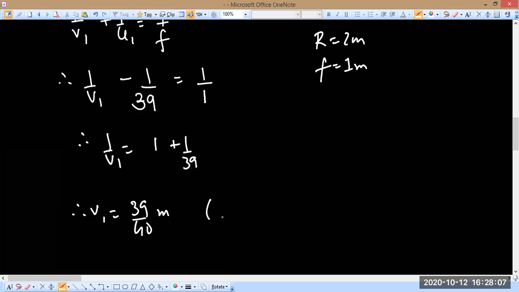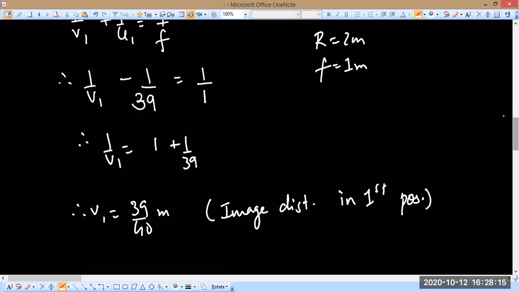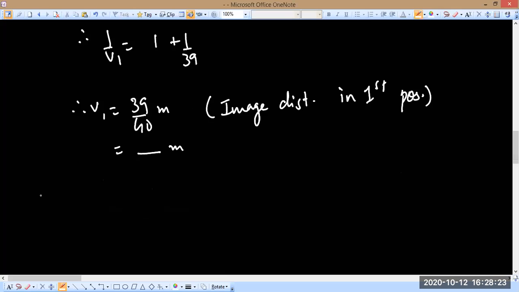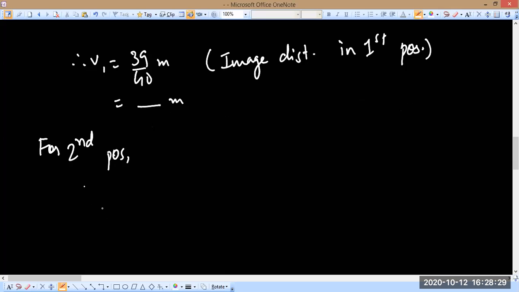See, again, this is image distance in first position, right? If you want to divide, do it on the calculator, no problem. Okay, now for second position, 1 by v2 plus 1 by u2 equal to 1 by f.